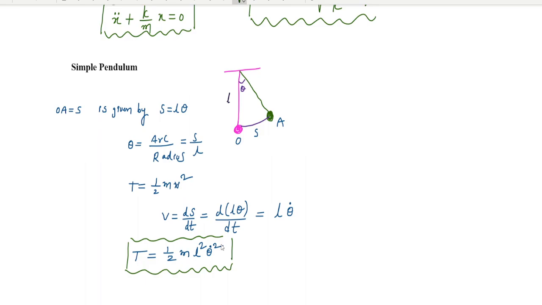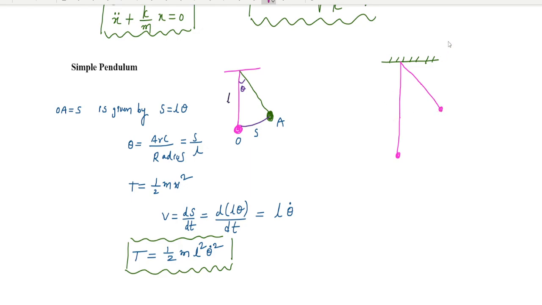Let us look at the potential energy term. For more clarity, I'm going to draw the pendulum like this. This is our pendulum. This much distance, and after displacement, this is the distance.